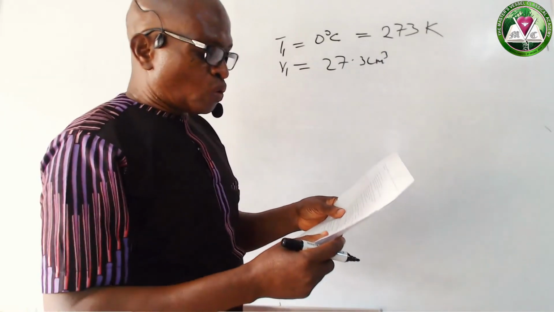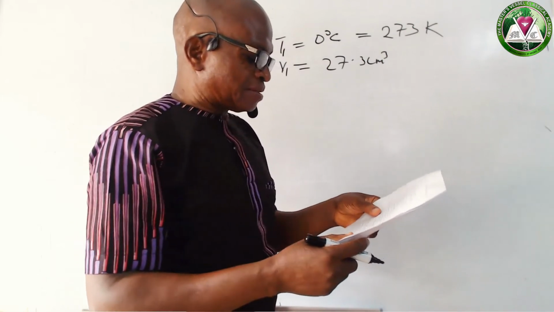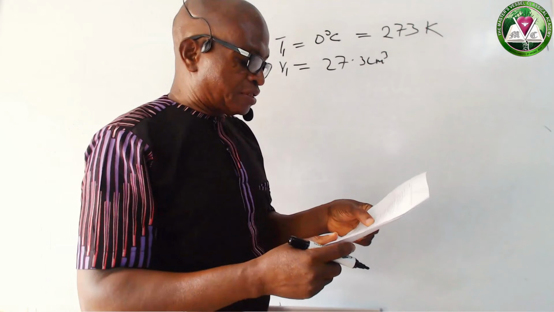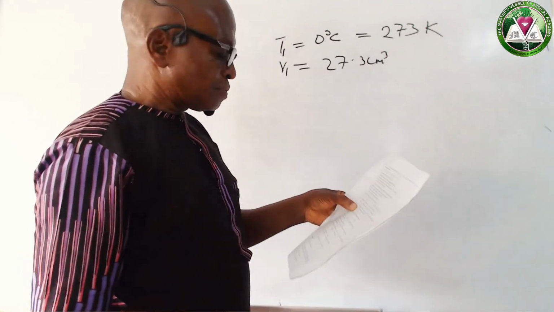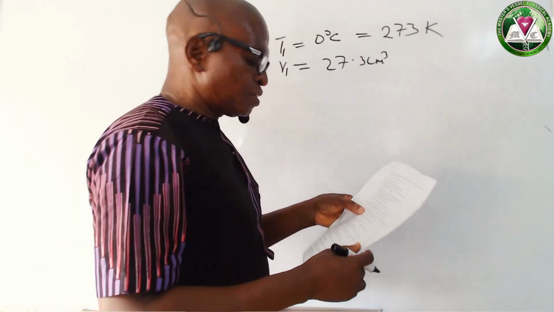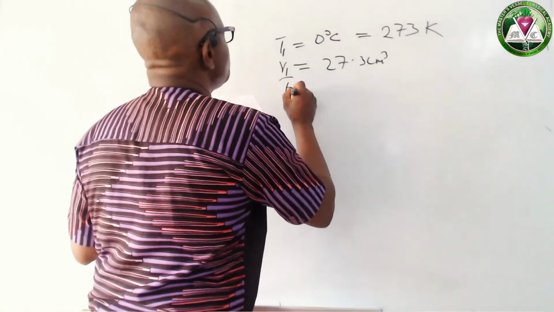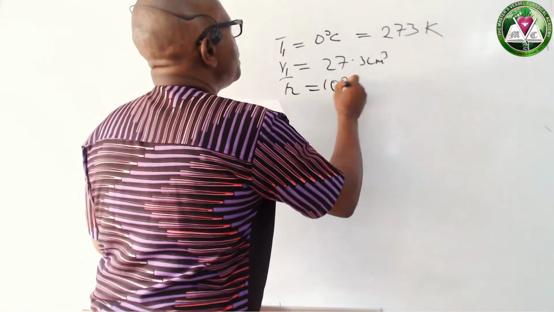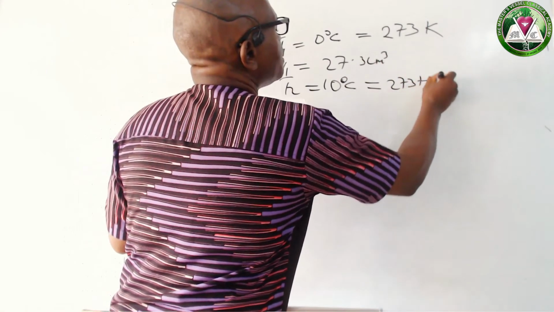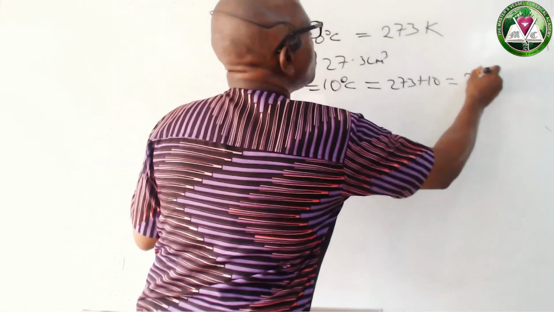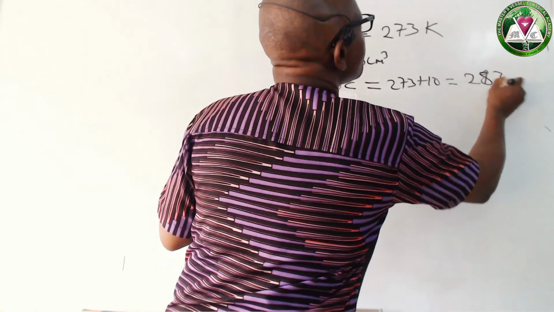Then you say, what will be the volume of the gas at 10 degrees centigrade if the pressure remains constant? This is Charles' law. What will be the volume of the gas at 10 degrees centigrade? Means that you have your T2 equal to 10 degrees centigrade. You now convert it to Kelvin. 273 plus 10. That will give you 283 Kelvin.